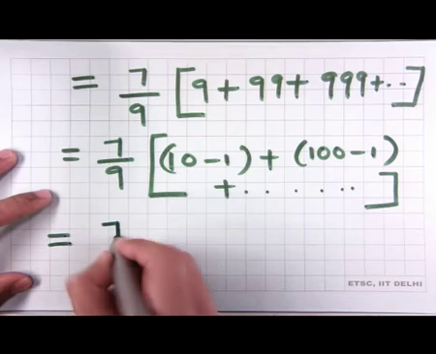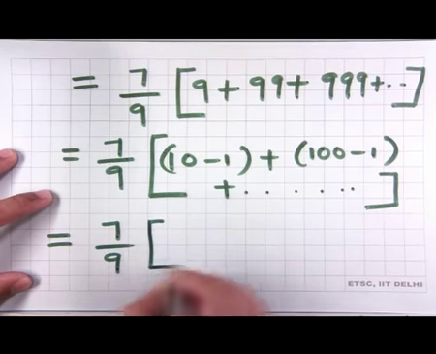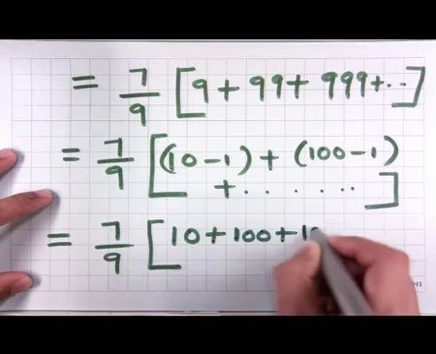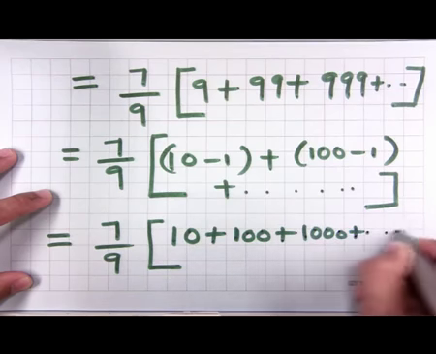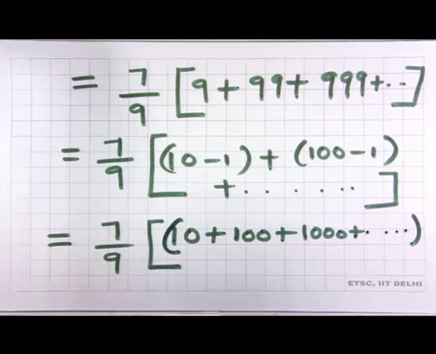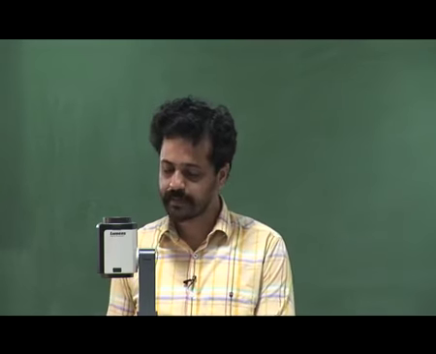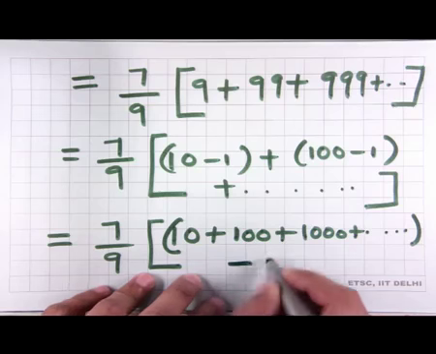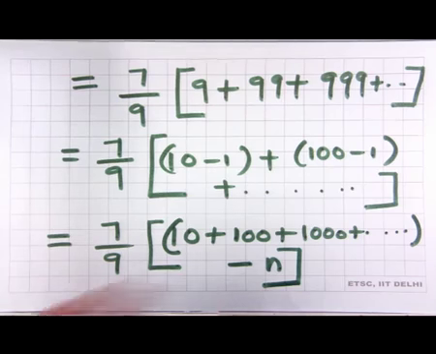Now, this is 7 by 9 into 10 plus 100 plus 1000 plus etc. up to n terms, and minus 1 etc. added n times, which amounts to minus n.